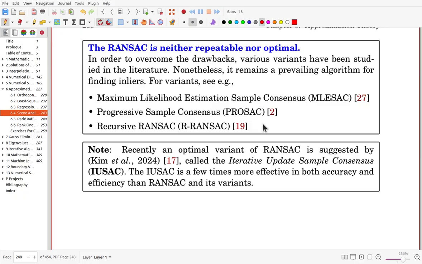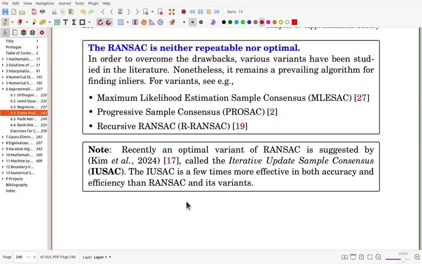Recently, an optimal variant of RANSAC was suggested by these people, and the last author is me. Early this year it was published, and the name of the algorithm is Iterative Update Sample Consensus, so it is called IUSAC. IUSAC is a few times more effective in both accuracy and efficiency than RANSAC and its variants.